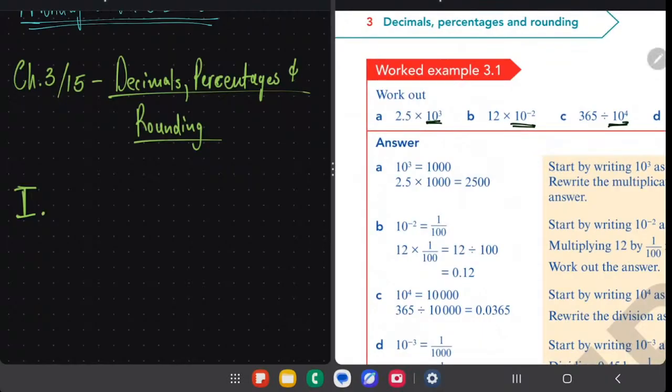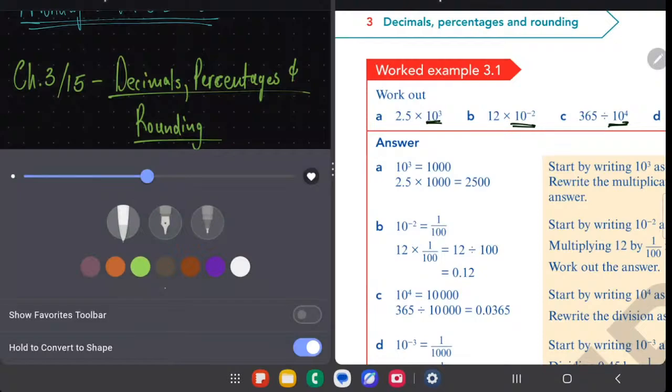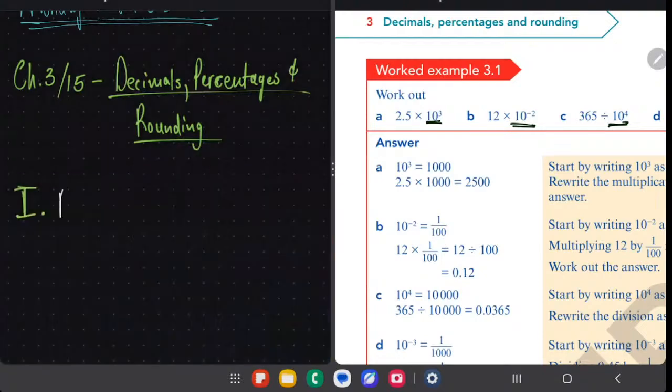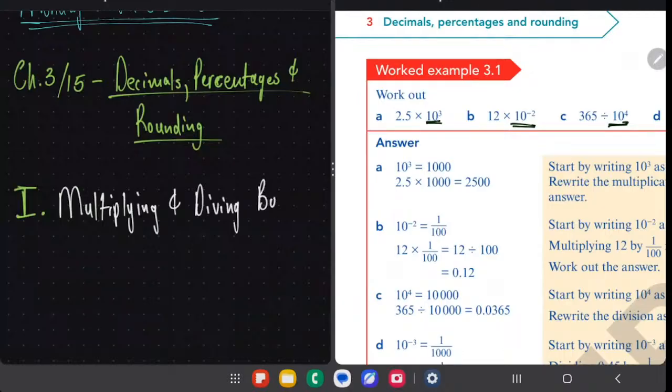What you must know for this section of multiplying. Listen, I don't want to see anyone ever struggle with this again. Multiplying and dividing by powers of 10.